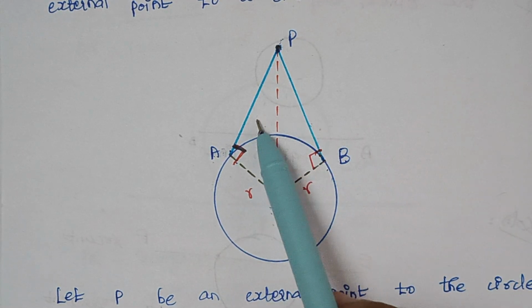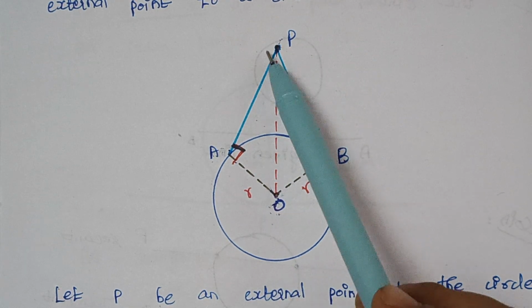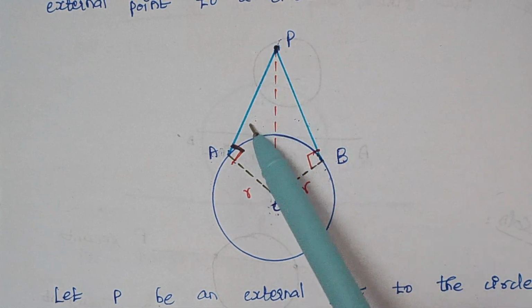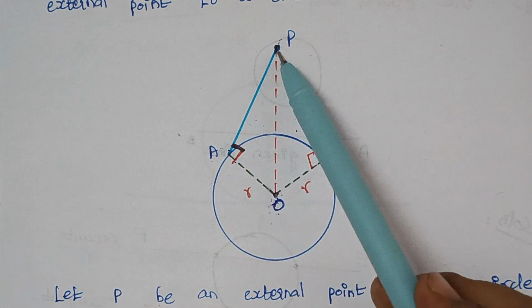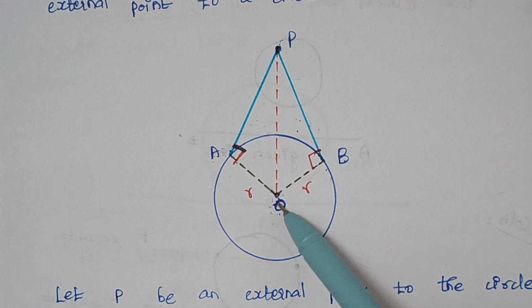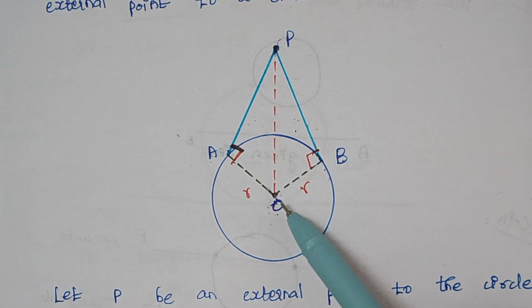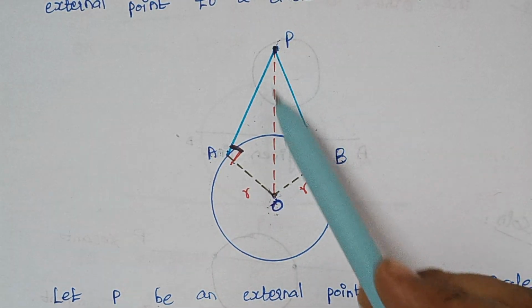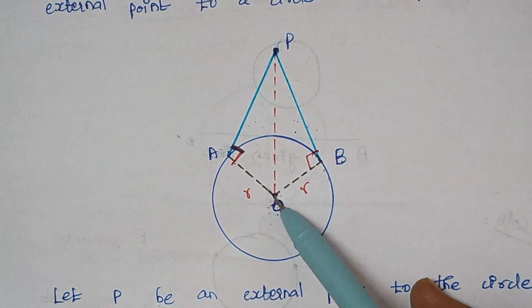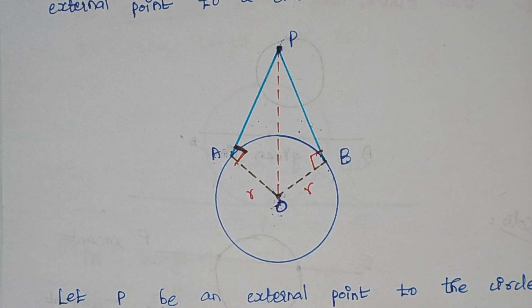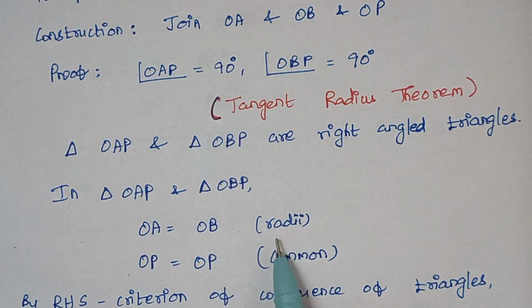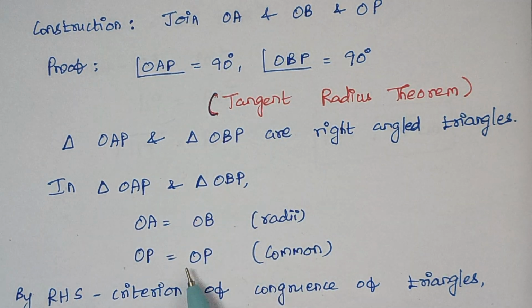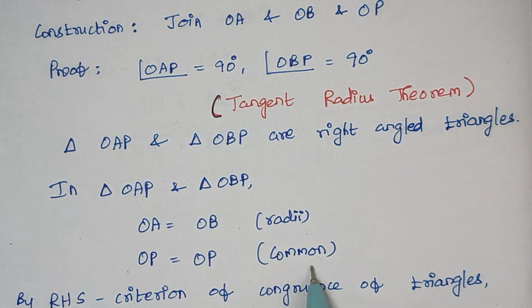Next, the side OP is common to both the triangles. In triangle OAP we have the side OP, and similarly in triangle OBP again OP is common. So OA is equal to OB because they are radii, and OP is equal to OP because it is a common side.